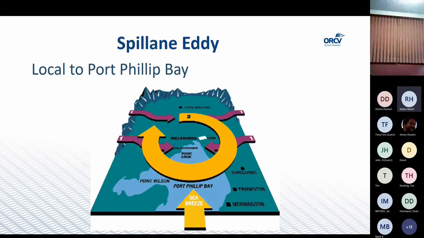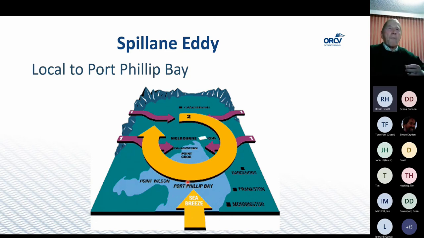Okay, this is a phenomenon in Port Phillip Bay where Coriolis has a lovely time. It's called the Spillane Eddy. It happens in autumn, and if you've ever seen the smog on the bay as an orangey brown cloud in a light northerly, over 2 or 3 days this smog cloud drifts down towards the bottom of the bay.